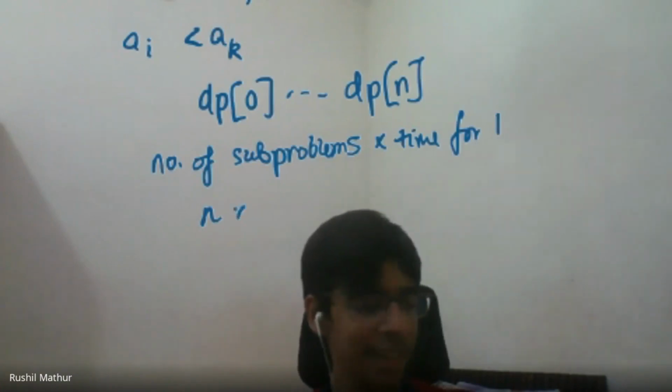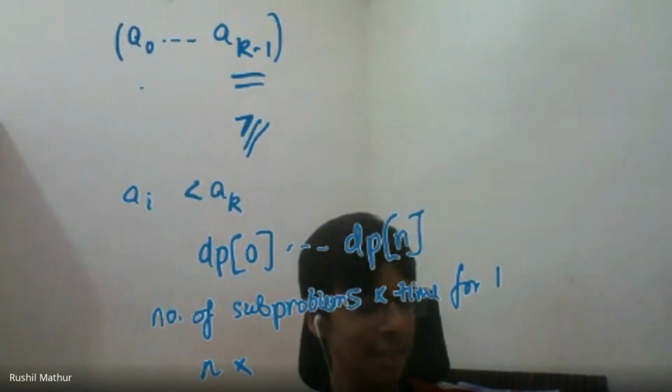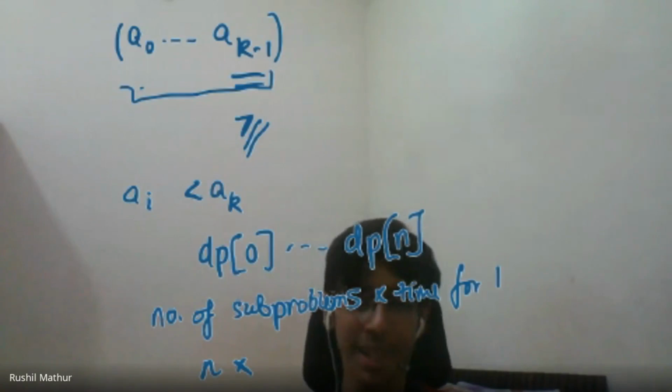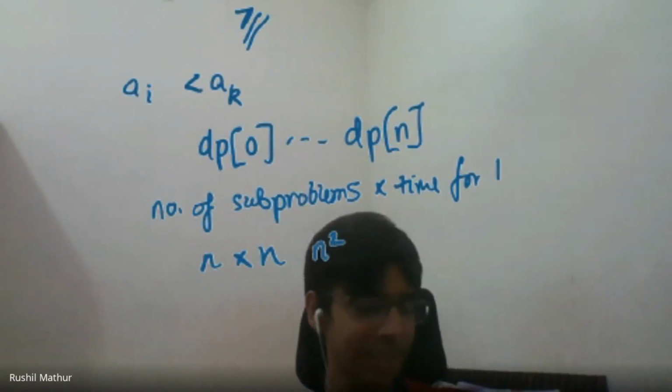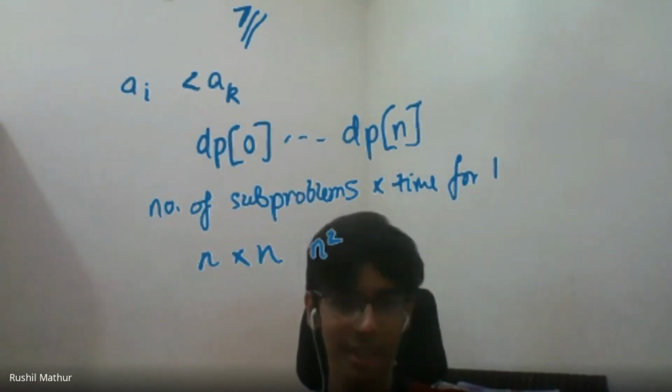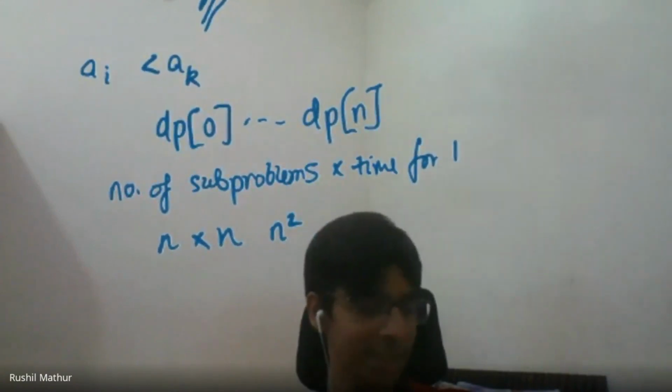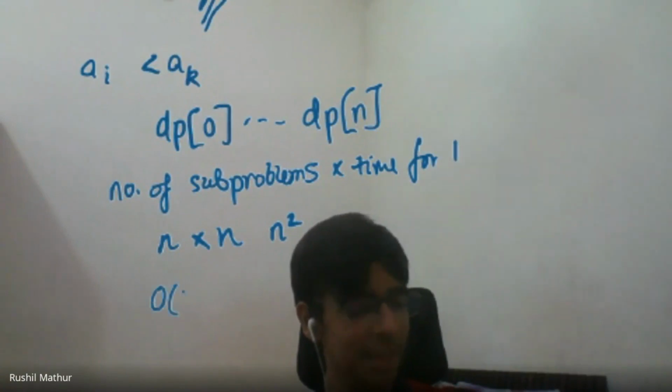And for each one, we had to go through a0 to ak minus 1, and k you can bound by n, so you can say n into n, although it's lesser than that, but it's a fair bound. So n square is a bound on this dynamic program. So you can say that it's big O of n square.